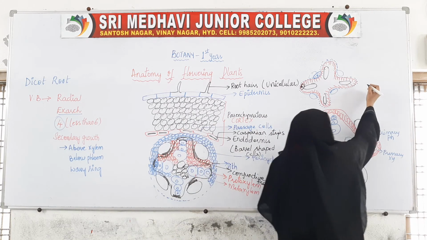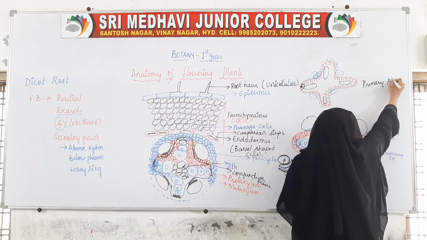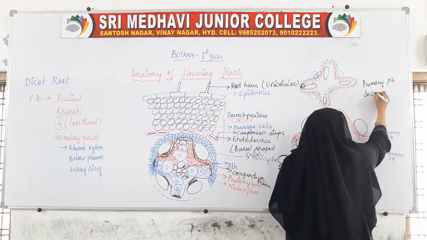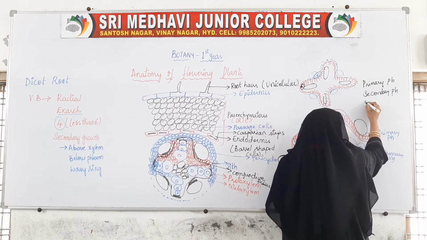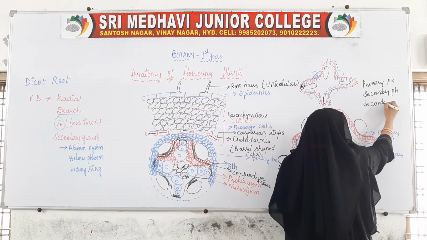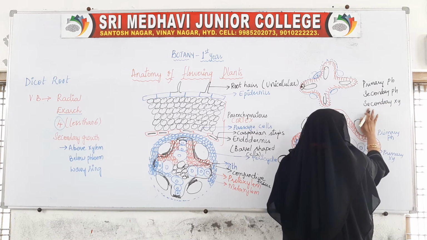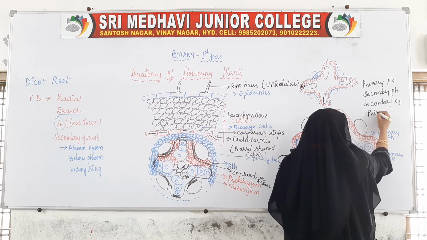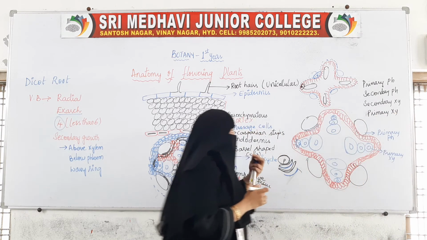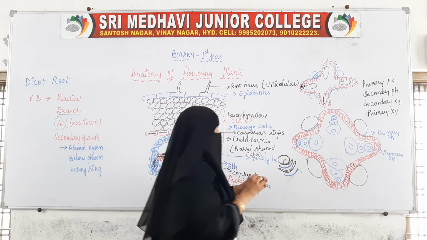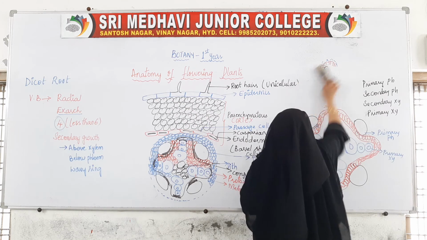If we see, here is your primary phloem, then secondary phloem, then your secondary xylem, and your primary xylem. I will make this in the form of a ring.